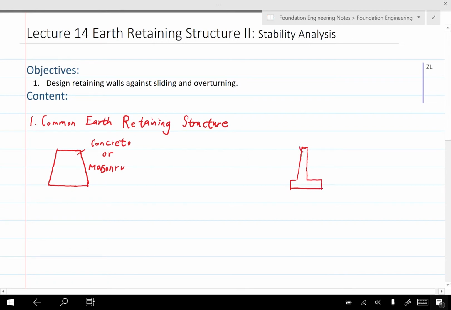So this thing is called the stem, and the backfill and the soil is on this side. So this is the back. And here we call it the heel. What about this point? How would you call it? It's the toe, right?